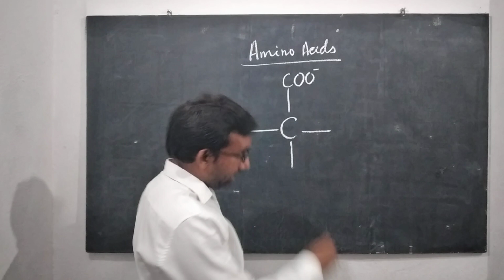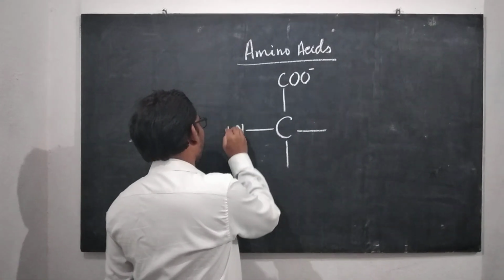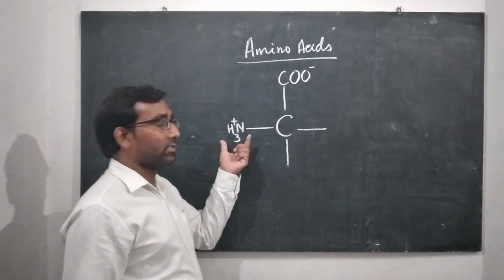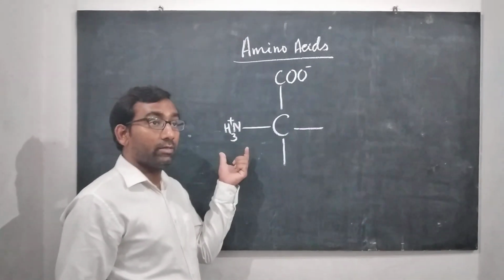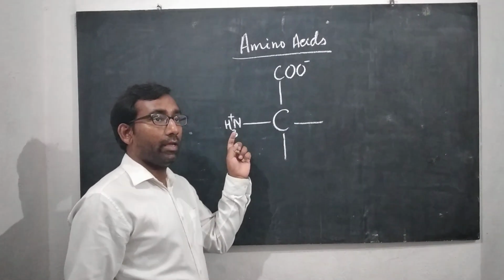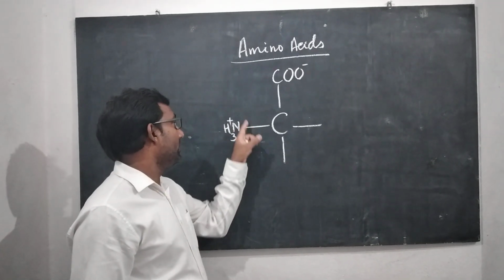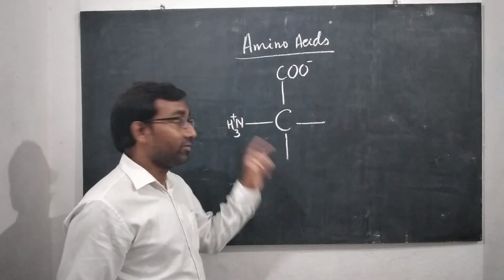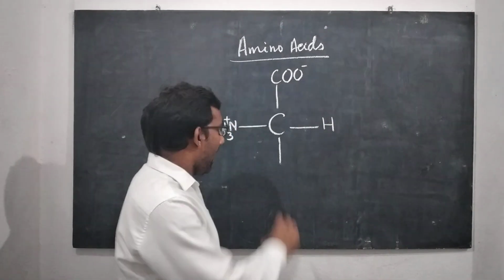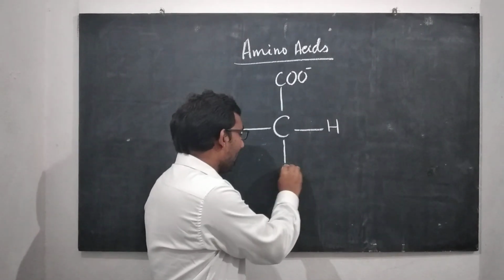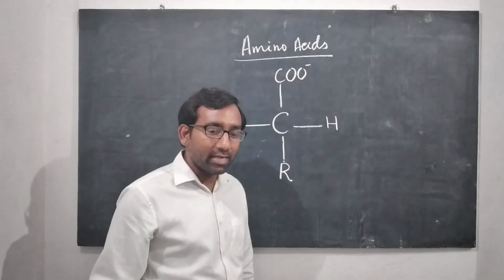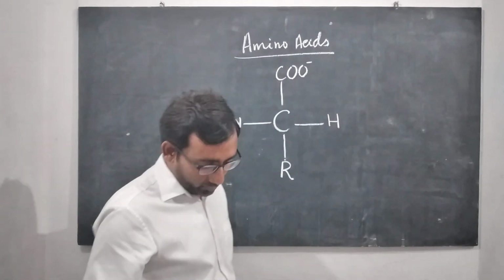This side is the amino group, NH3 plus. In the charged state in the body, it is represented as NH3 plus. Normally it is NH2, but in the charged state it is represented as NH3 plus. This side is hydrogen, and on this side we have some alkyl group. R stands for alkyl group.